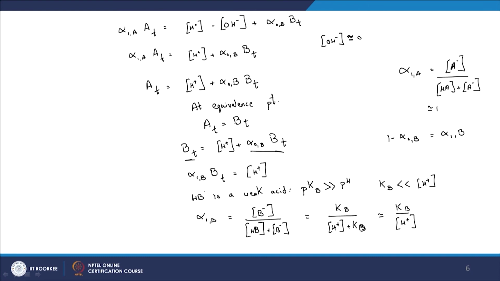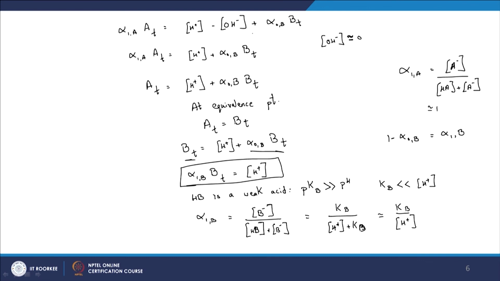So if I am going to substitute this in this particular equation here, let us see what I am going to end up with. I guess I am going to have to refer to this back and forth. So Kb by concentration of H plus into B total is equal to concentration of H plus, right. So let us look at that again. We have this alpha 1 of B is now equal to Kb by H plus, right, into B total is equal to H plus.